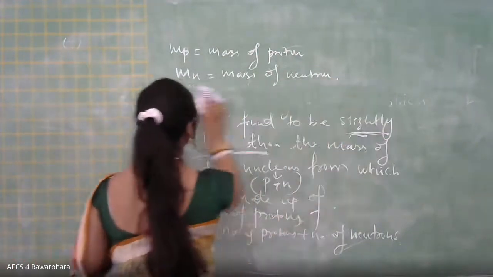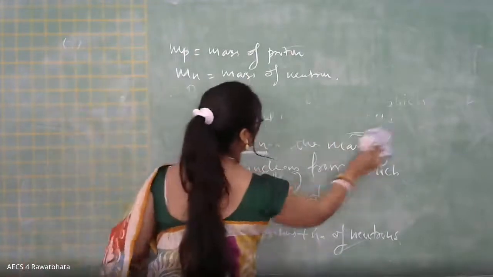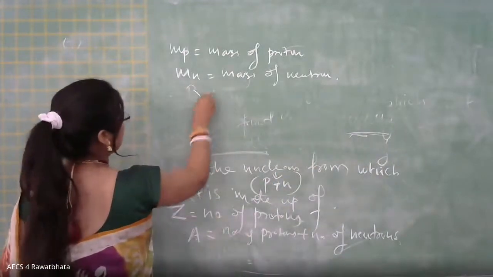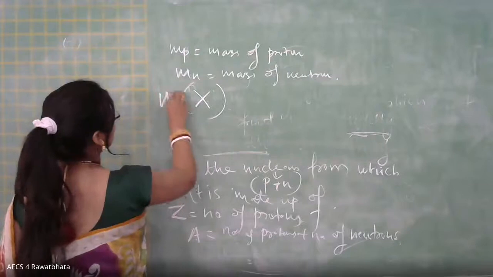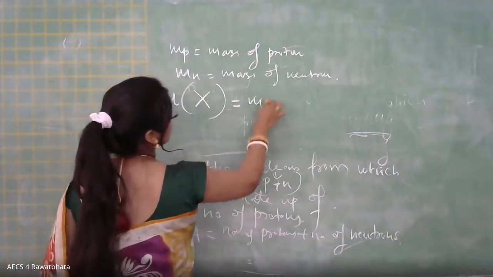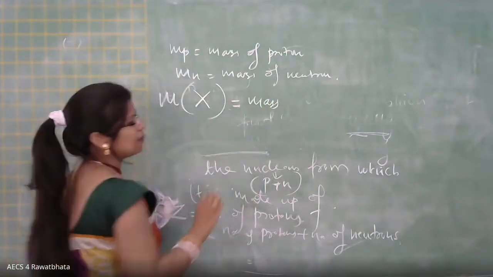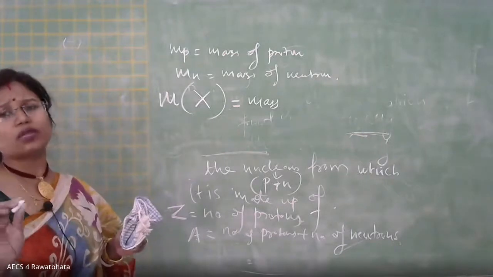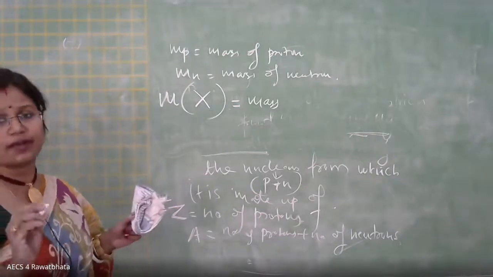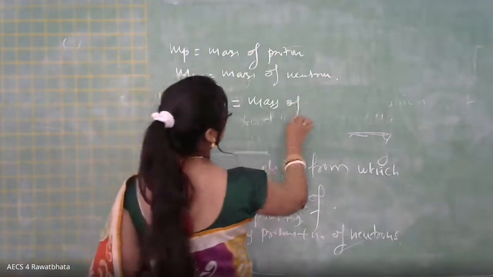And suppose the nucleus we are taking is X, then Mx means the mass of the nucleus we are talking about here. Any symbol you can use; depending upon your symbol, you define them.